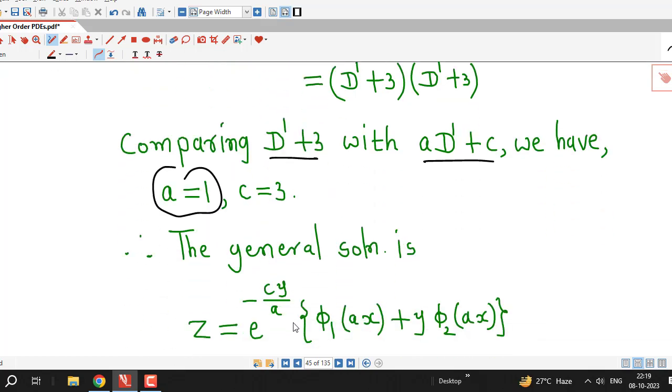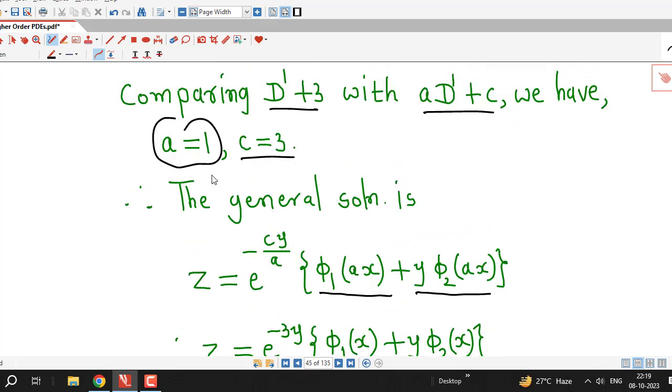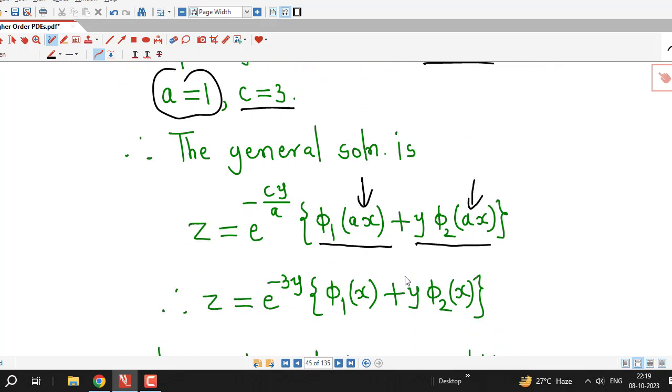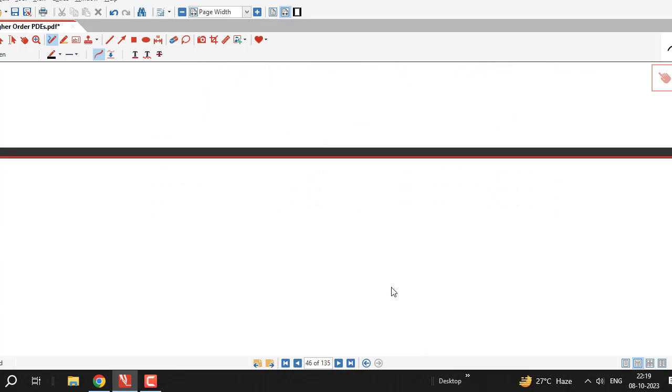Therefore general solution is e raised to minus cy over a, arbitrary function of ax plus y times another arbitrary function of ax. c is 3, a is 1, so we have 3 by 1, that is e raised to minus 3y, and a is 1, that is phi 1 of x plus y times phi 2 of x, where phi 1 and phi 2 are arbitrary functions.